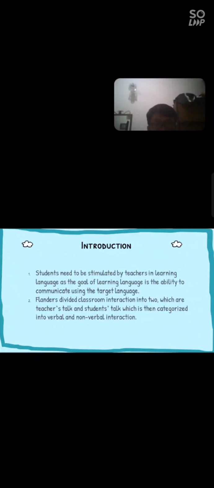But if we talk about nonverbal interaction, we don't use the mouth exactly, but we use gestures and body language to interact with other people.